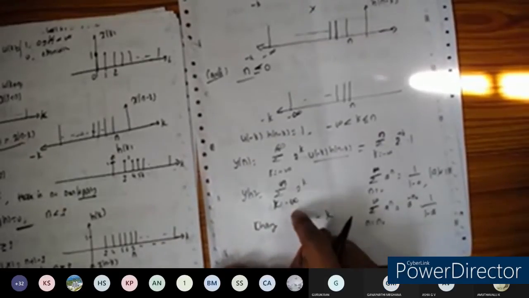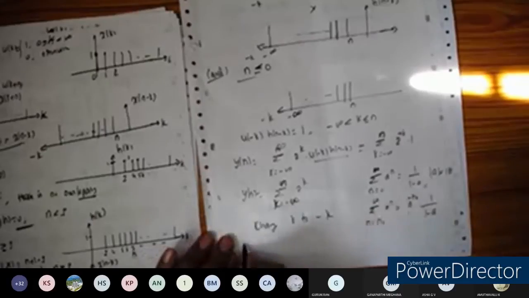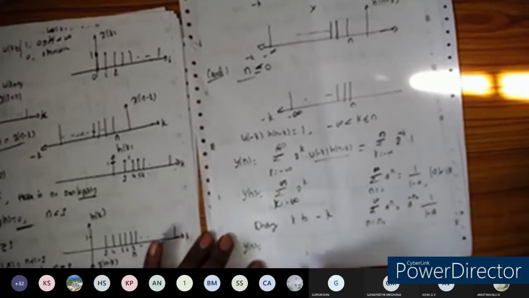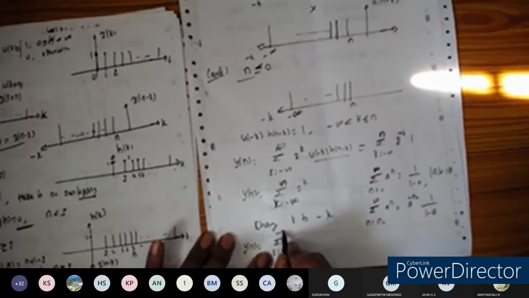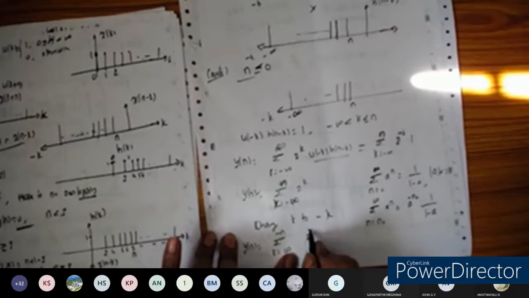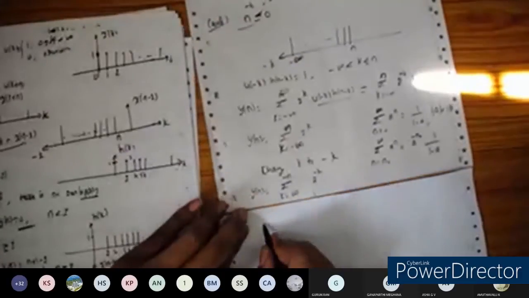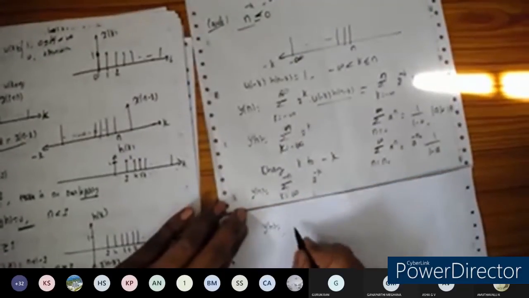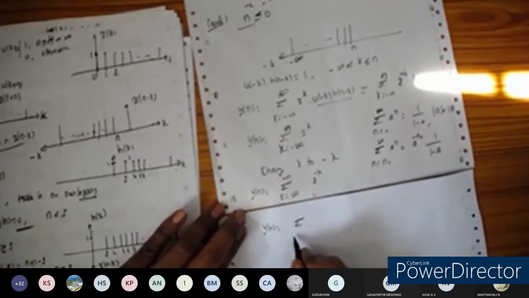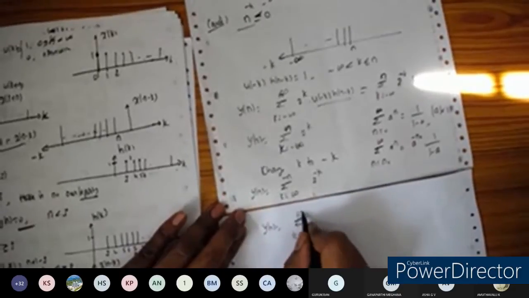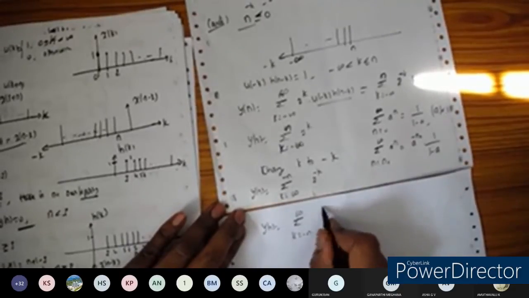So if you change k to minus k, y of n will become the summation, k equal to minus n up to plus infinity, of 2 to the power of minus k. So we can rewrite this as y of n equal to, since the summation can be taken in any order, k equal to minus n up to infinity, 1 by 2 to the power of k.